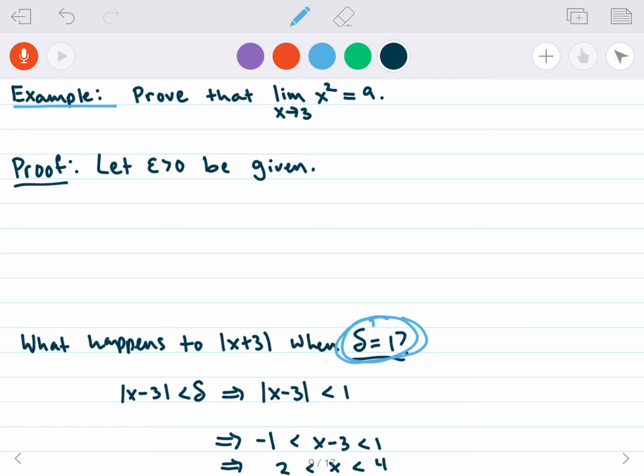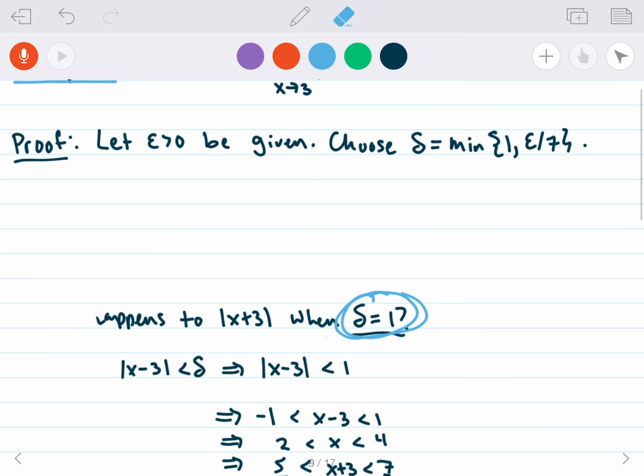Okay, and so then we're going to choose delta as the minimum of 1 and epsilon over 7. Notice that this is perfectly fine and reasonable because delta no longer depends on x, it only depends on epsilon. Okay, so choose this to be our minimum.